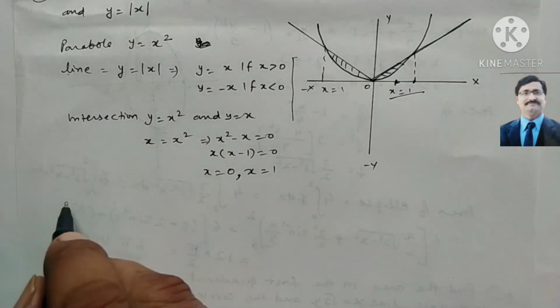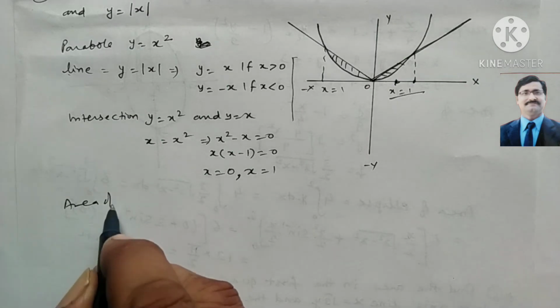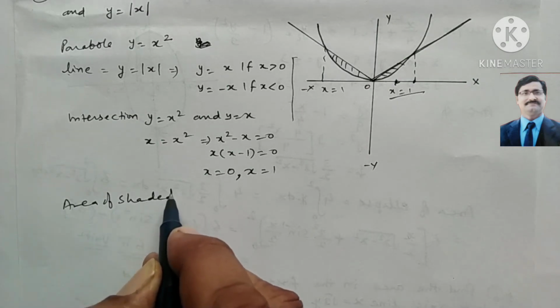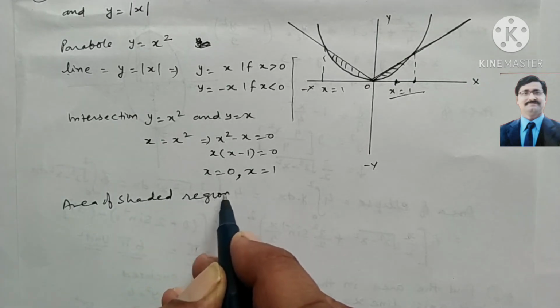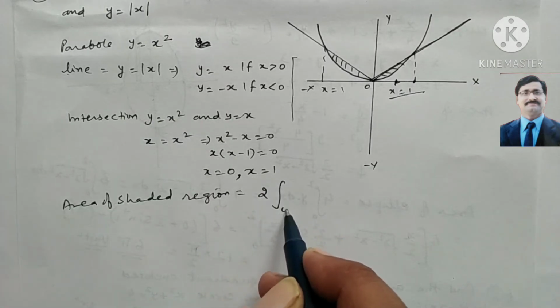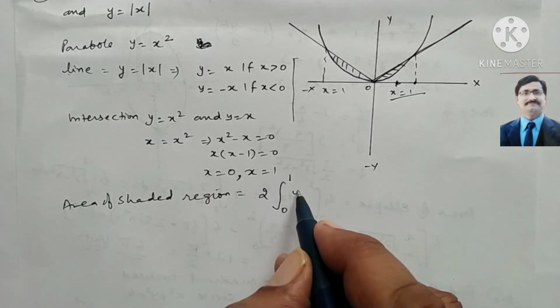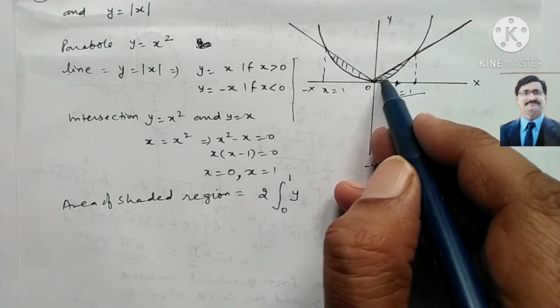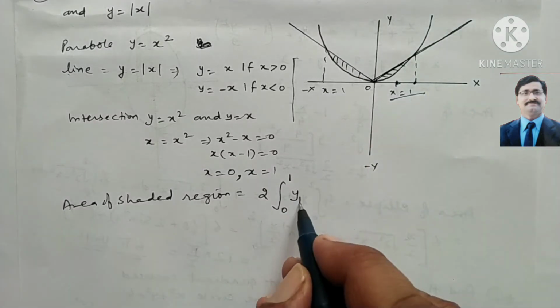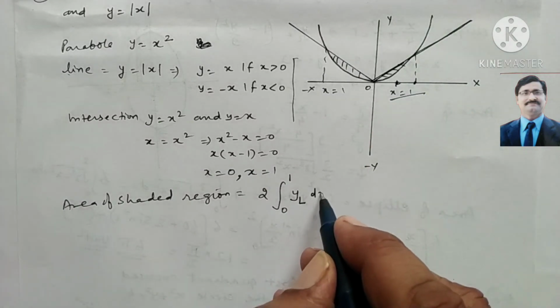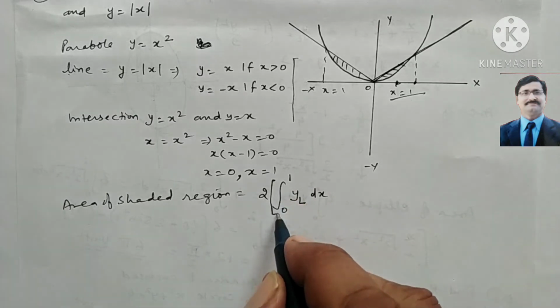So we can write here area of shaded region equal to, we can write double of integral 0 to 1, and y, this above is here, this is actually the y of the line, and dx, and minus.